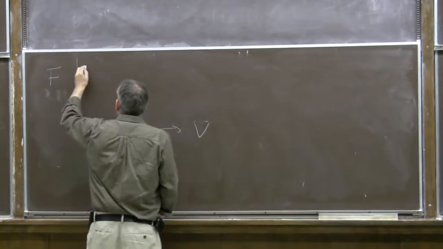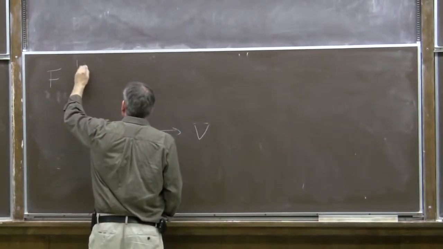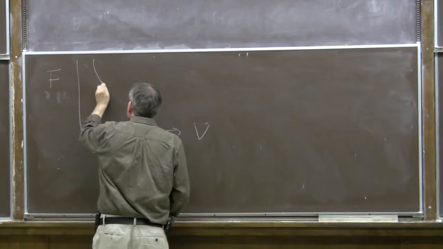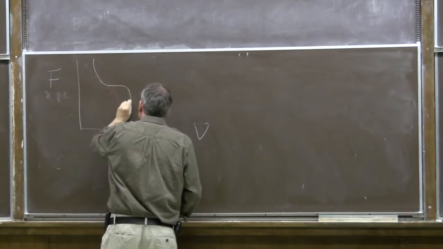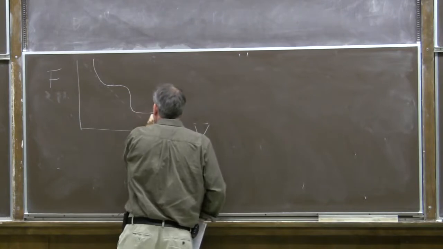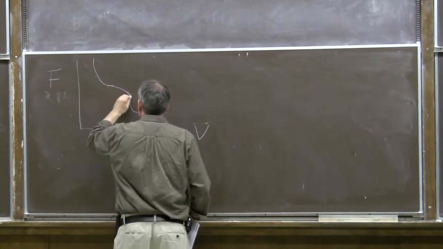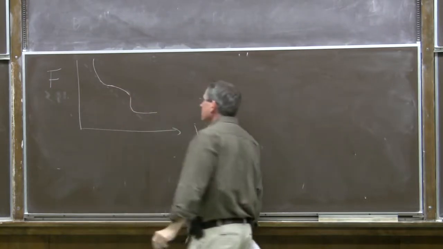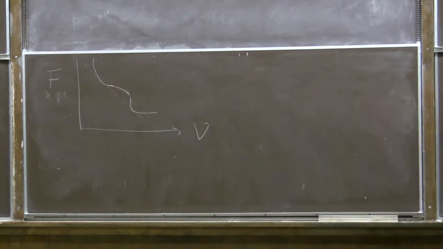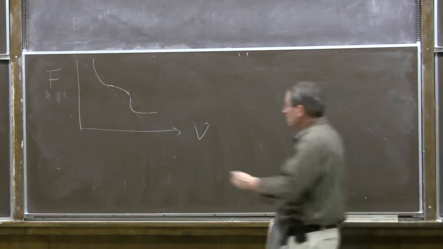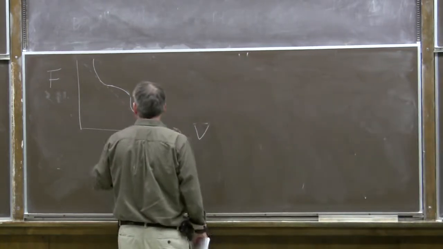Well, it looks kind of like this. I'm going to draw a straight line to kind of guide the eye. That's a little too exaggerated. The pressure, which is minus the derivative of the free energy with respect to the volume, is always positive, so the derivative is always negative.